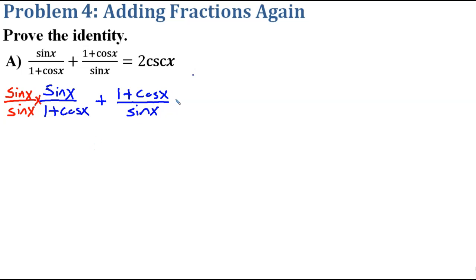And the second fraction is missing the 1 plus cosine x, so I'm going to multiply top and bottom by 1 plus cosine x. Pay attention, make sure you don't do that backwards. You need to give the fraction what is missing if I want to put these together.